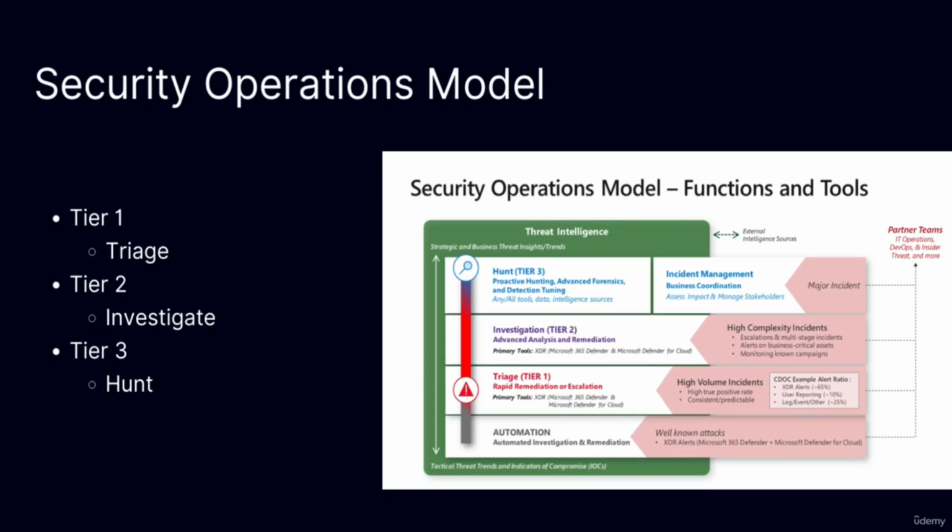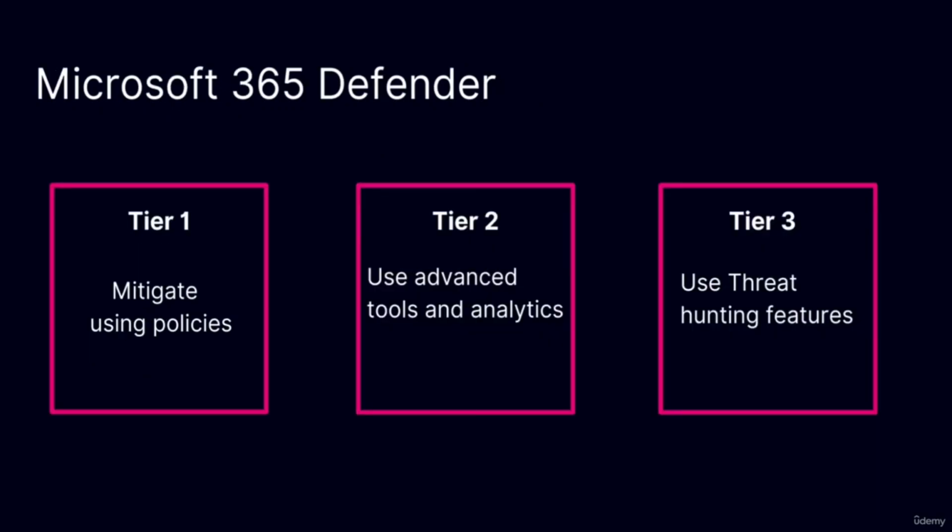So tier 3 is more so proactive. Even after closing the incidents, maybe there is some proactive stuff that can be done to prevent such incidents. So for Microsoft 365 Defender, for tier 1 type of task, you already have automation, and you can use some policies to mitigate most of the scenarios.